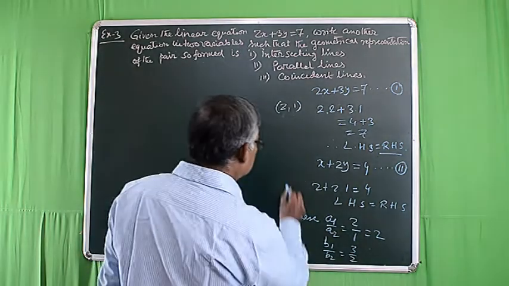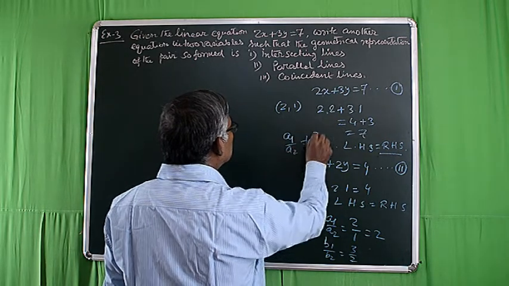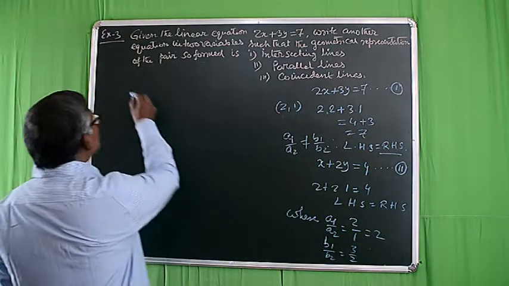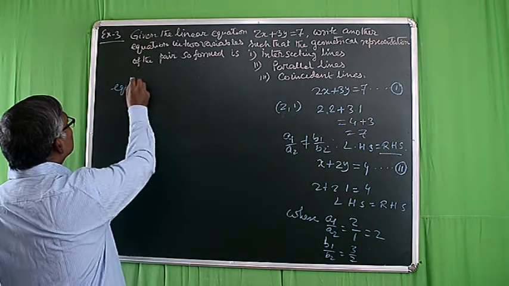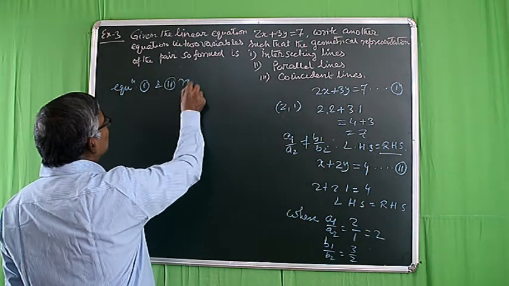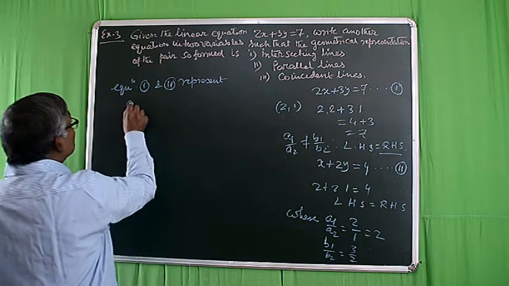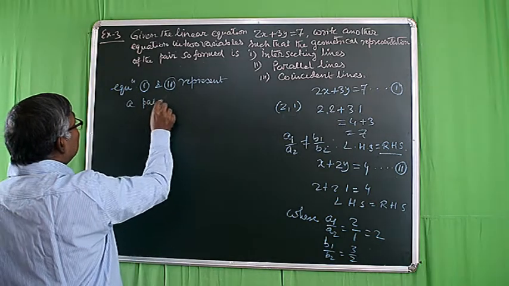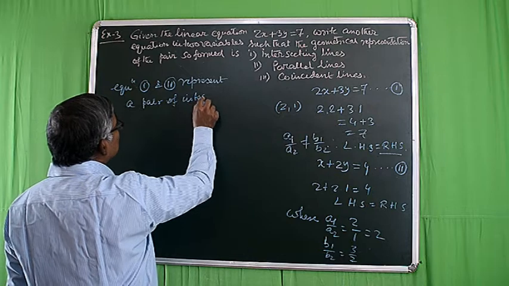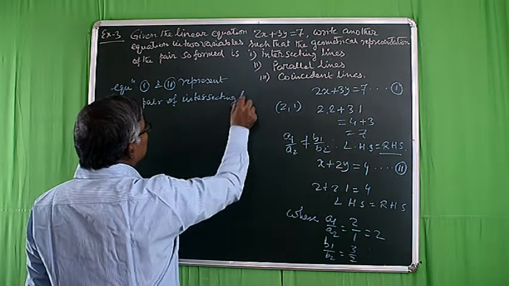Clearly a1 by a2 not equal to b1 by b2. Hence we see equation number 1 and equation number 2 represent a pair of intersecting lines.